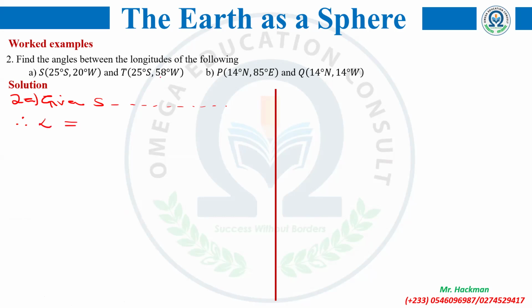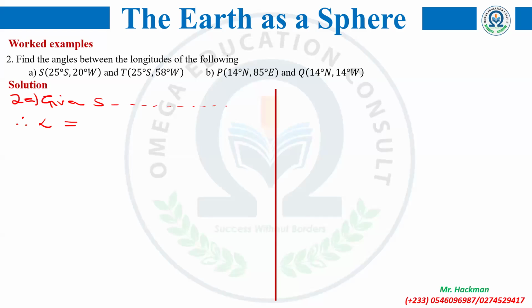We know these 2 points, S and T, what did they share in common? A common latitude or a common longitude? Latitude. So it means we have to use which one to determine the angle of difference?